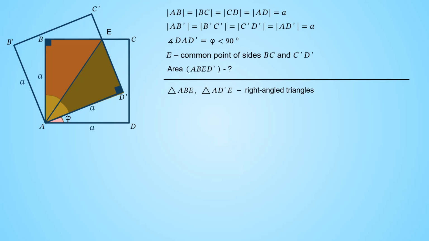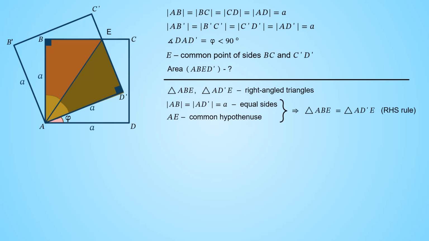So the right-angled triangles ABE and AD'E have equal sides AB and AD', as well as the common hypotenuse AE. Therefore, the triangles are equal according to the right-angle hypotenuse side rule. Therefore, they have equal area. Name it T for triangles.